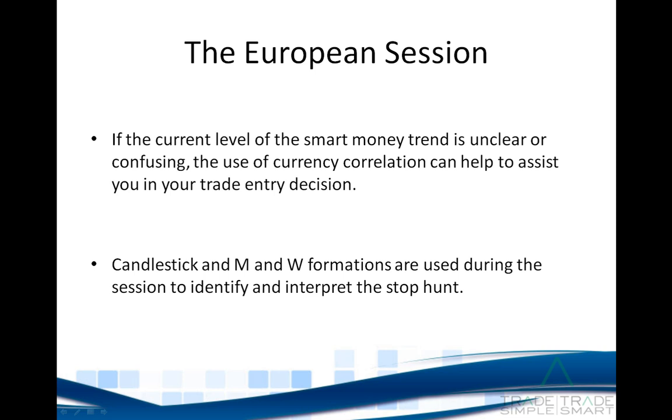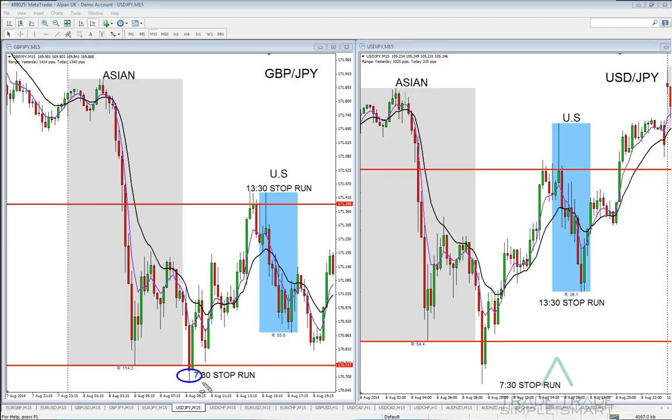And we saw, especially in examples where the market is in level 3 accumulation, where there is no clear trend to the market and we have no directional bias, and we're trying to either trade both sides of the level or identify phase 1, that through the use of correlation we can reinforce and also confirm a trade entry decision. And remember, the candlestick and M&W formations are what we typically use during these sessions to identify and interpret the stop hunt.